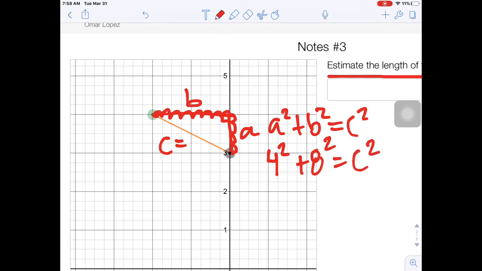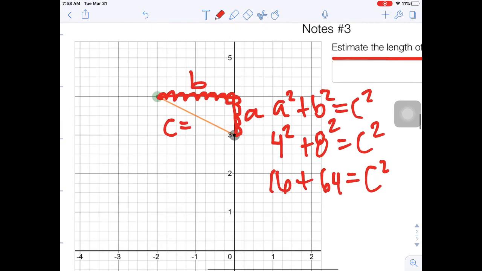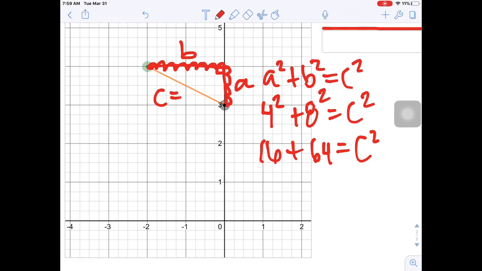That should be the estimated length of the segment given. And then solve for c. In other words, multiply, add, subtract, and find the Pythagorean theorem value of c. So 64, 70, 80. So 80 equals c squared, which means we have to find c.